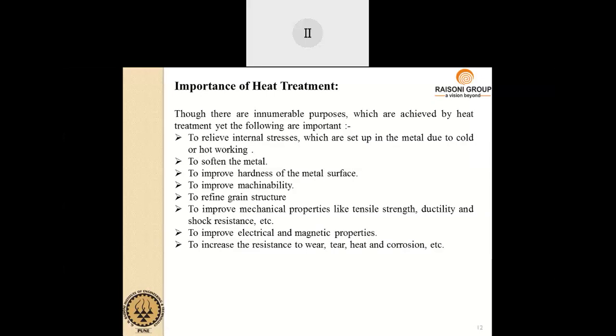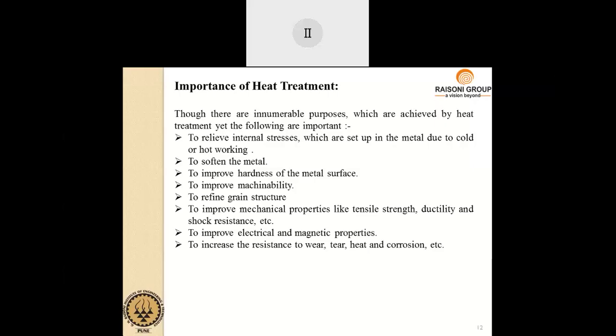It relieves internal stresses caused due to the cold working process or hot working process. It softens the metal. It improves the hardness of the metal surface. It improves the machinability. If the material is soft, its machinability is improved. It improves the grain structure.